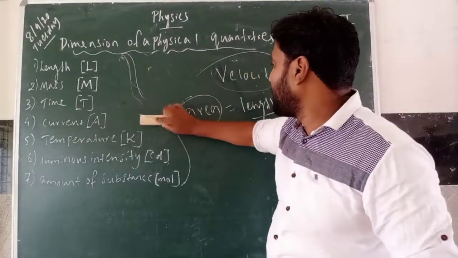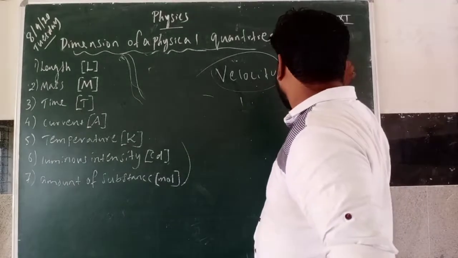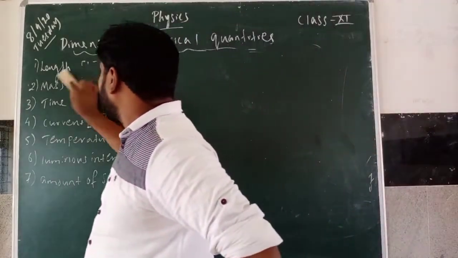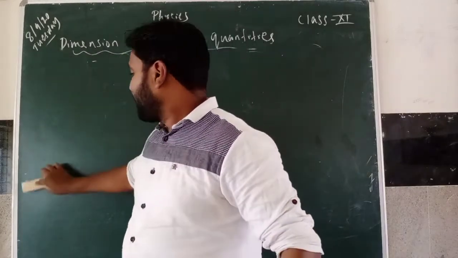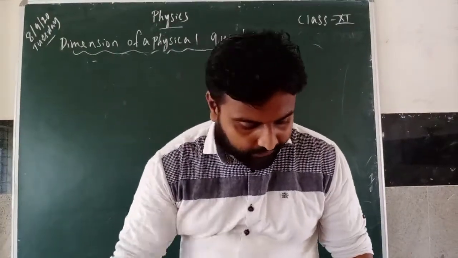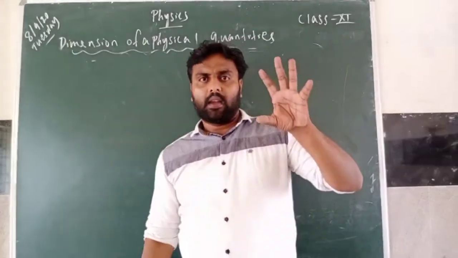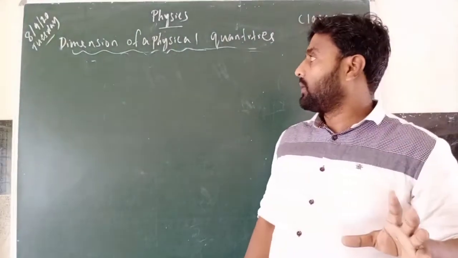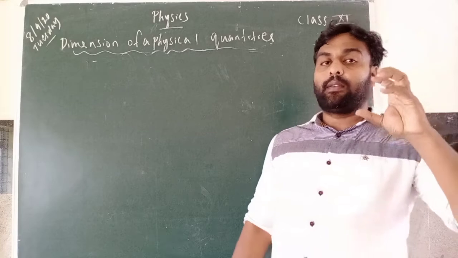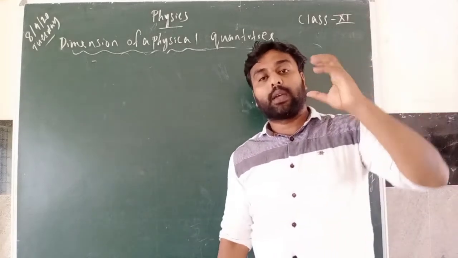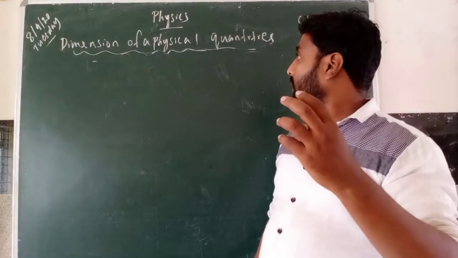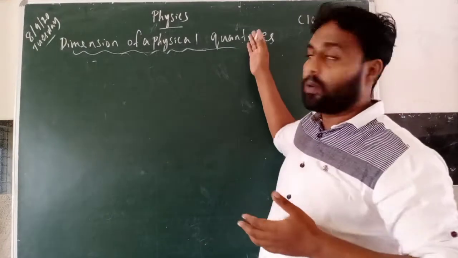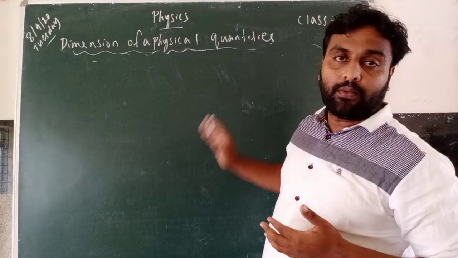Now I will show you some examples of how you can find a derived quantity by using this concept, dimension of a physical quantity.